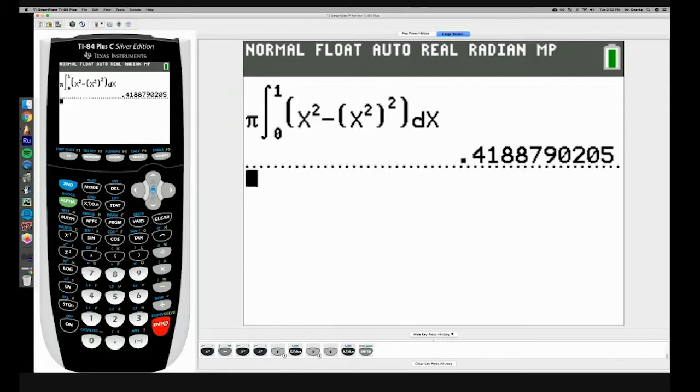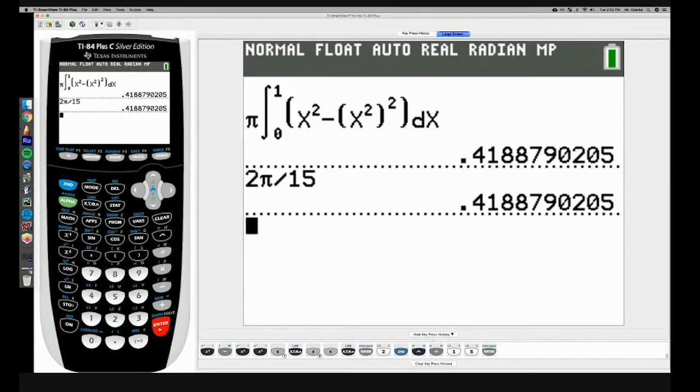Hit enter. 0.419, basically, to 3 decimal places, that should be equal to 2 pi over 15. Boom. Cool. Screenshot this.